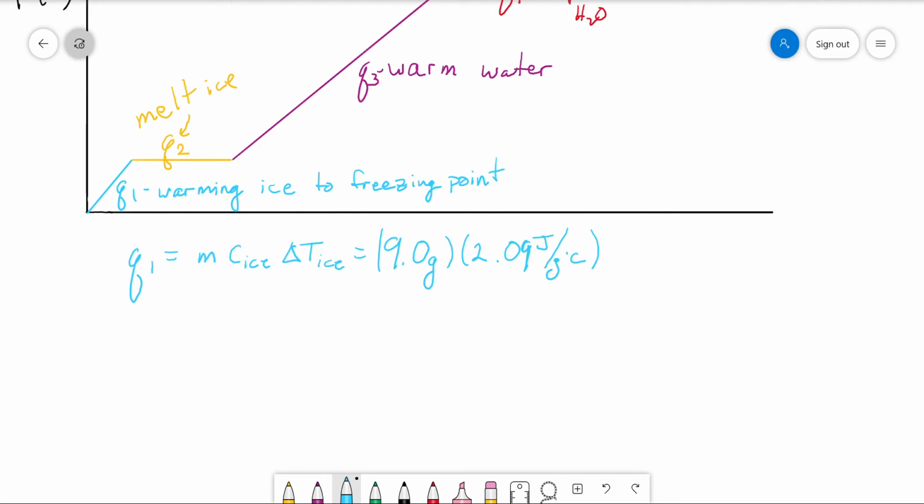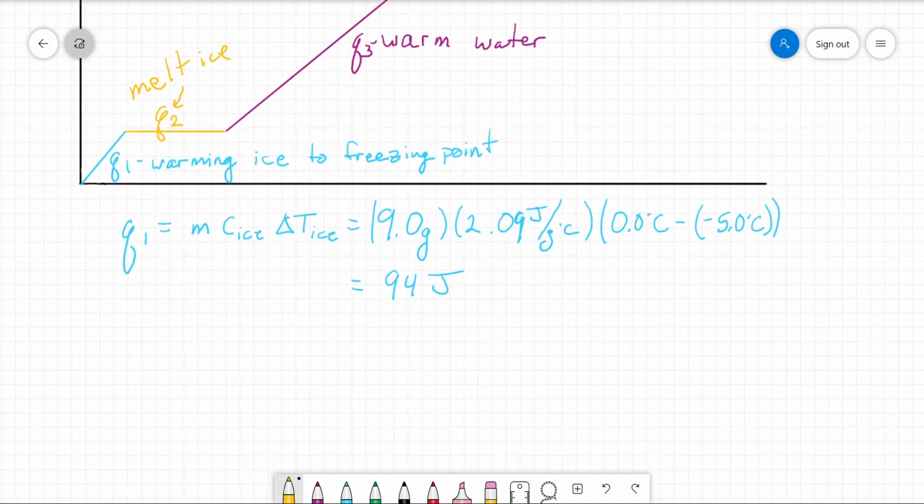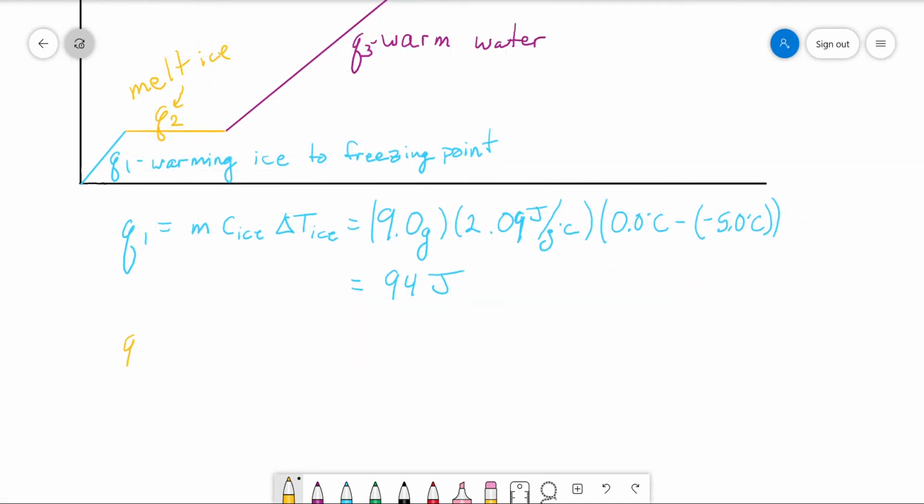It's 2.09 joules per gram degree Celsius, the heat capacity for ice. The final temperature is 0.0 degrees Celsius, and it starts at -5 degrees Celsius. This is just algebra, so I'll give you the answer: 94 joules to 2 sig figs. Now we've gotten the ice up to its freezing point of 0.